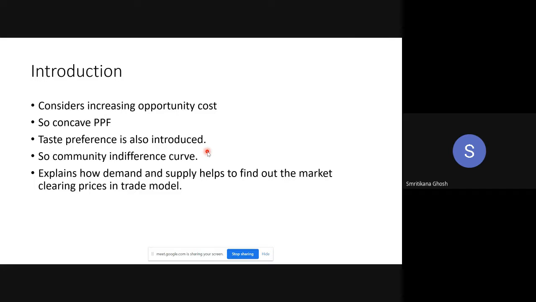It will be the indifference curves representing the society. Okay? So the social indifference curve or community indifference curve. And it explains how the supply and demand helps to find out the market clearing price in the trade model. Okay, so this is the standard trade model. Let me go into it. Any problem in this introduction section?